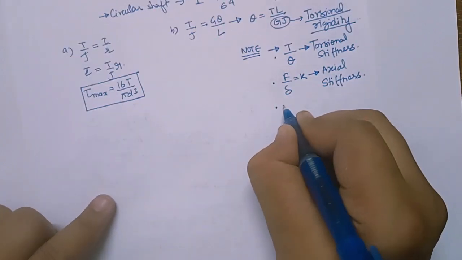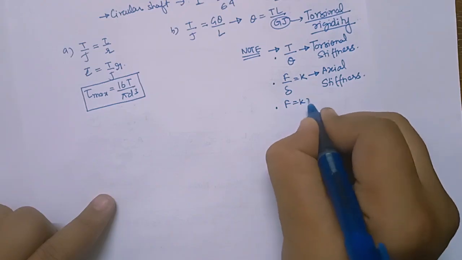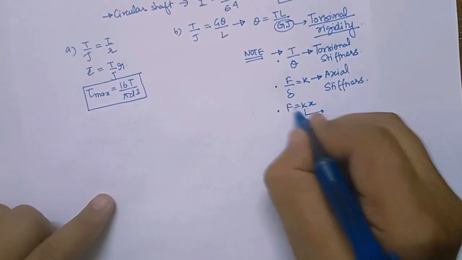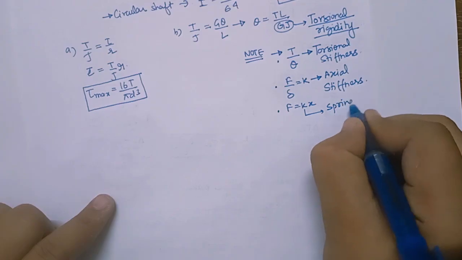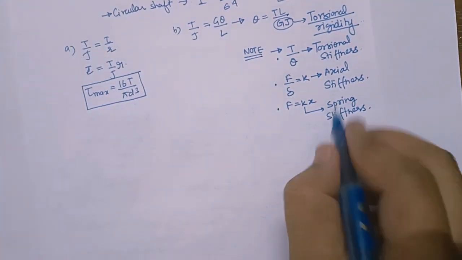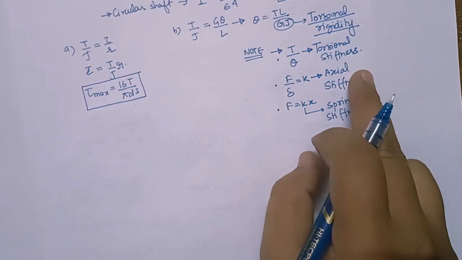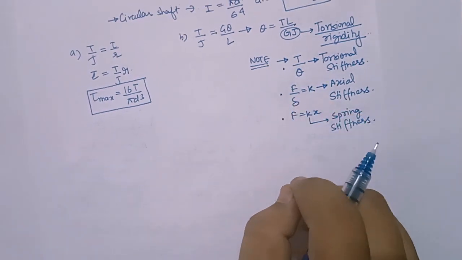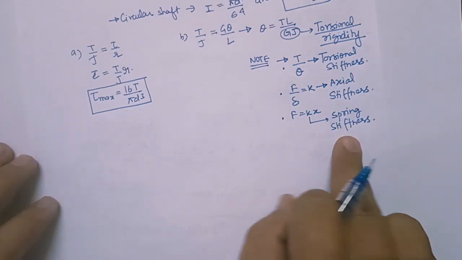Like a spring, F is equal to Kx. K is also a stiffness. It is spring stiffness. Right? So these are the important things. Torsional stiffness, and this is axial stiffness. Axial loaded members have axial stiffness, and a spring has spring stiffness.